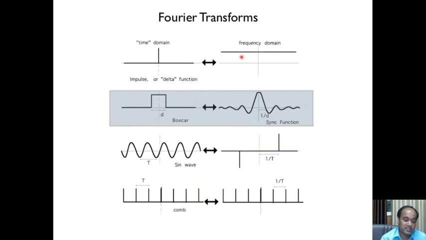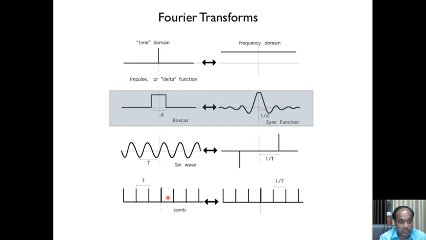The thing to remember is that a signal which is narrow in the time domain is wider in the frequency domain. If you look at the boxcar function and do the Fourier transform, it forms a sinc function. If you have a sine wave, which has a single frequency, you get a frequency spectrum showing a single frequency. If you have multiple frequencies, it will show that many frequencies.